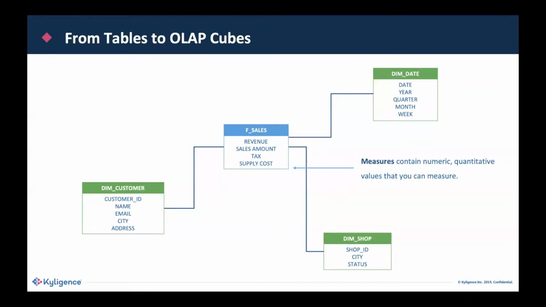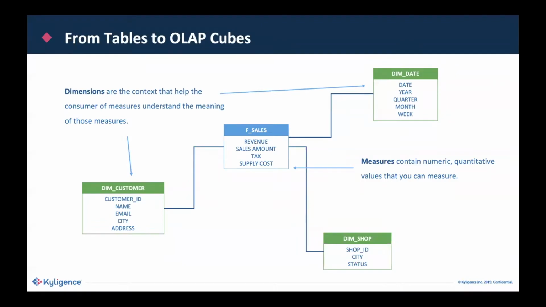Dimensions give context around the measure to help you understand the meaning of those measures. When you look at the measure from different points of view, measures will have different meanings. For example, we can measure profits by month or by city. By calculating measures from different dimensions, you can know your business from different angles.